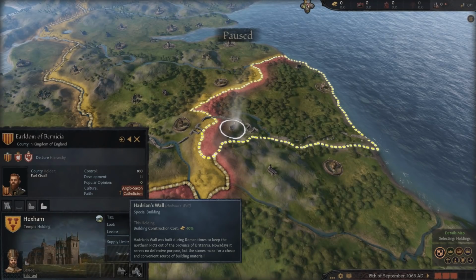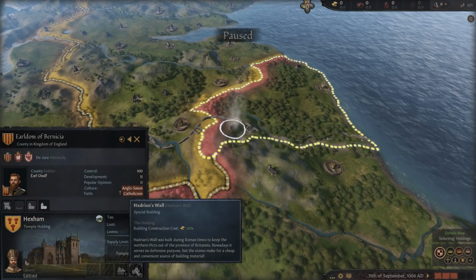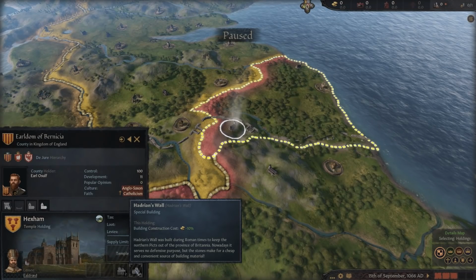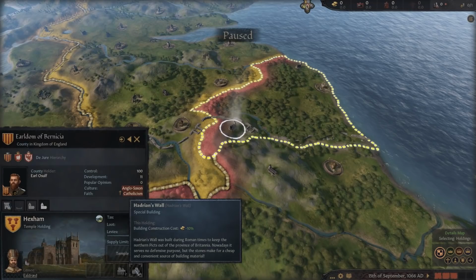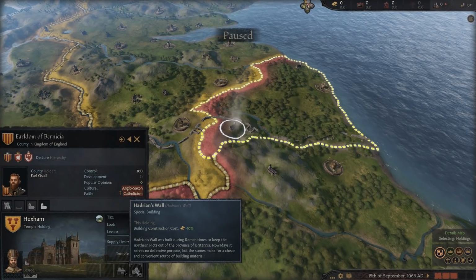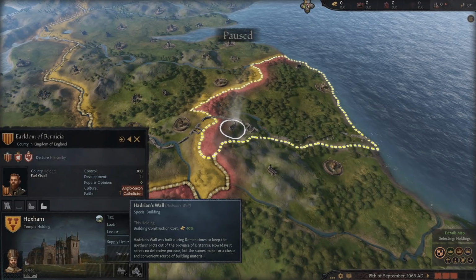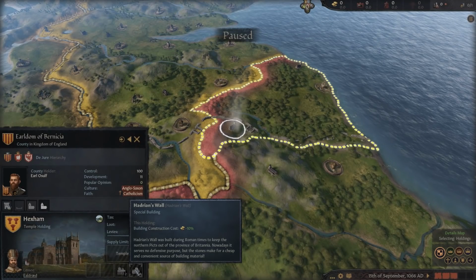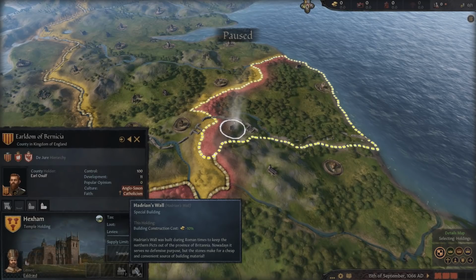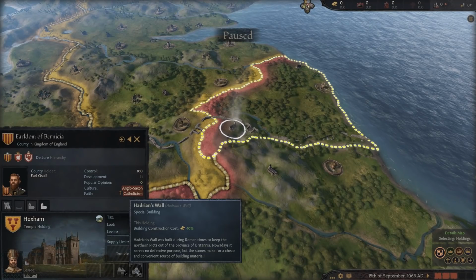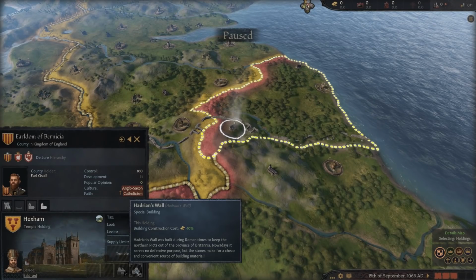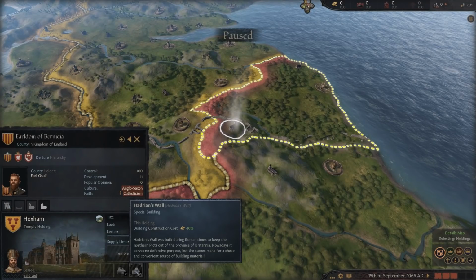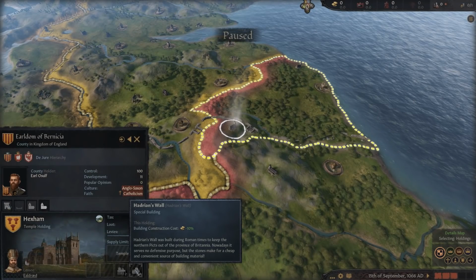We are talking about Hadrian's Wall, which was built during Roman times to keep the northern Picts out of the province of Britannia. Nowadays, it serves no defensive purpose, but the stones make for a cheap and convenient source of building material, and that's really all it is. So anything you build within the holding itself gives you a reduction in cost of -10%. It's not overly interesting, but it does exist.